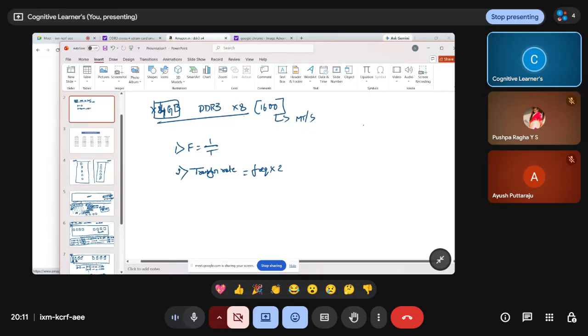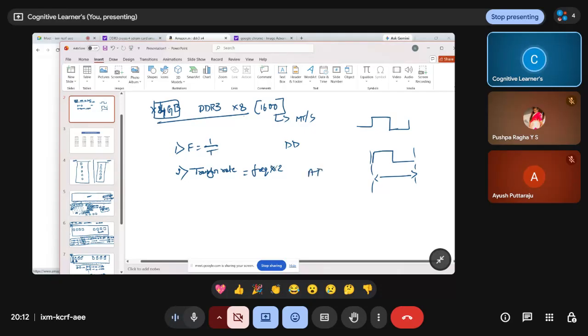The frequency is related to one clock cycle, with both negedge and posedge. That is the clock frequency, but in DDR the transfer rate is double the frequency.